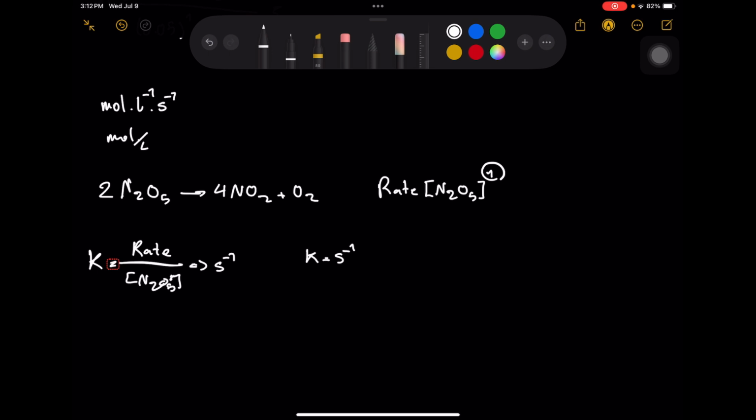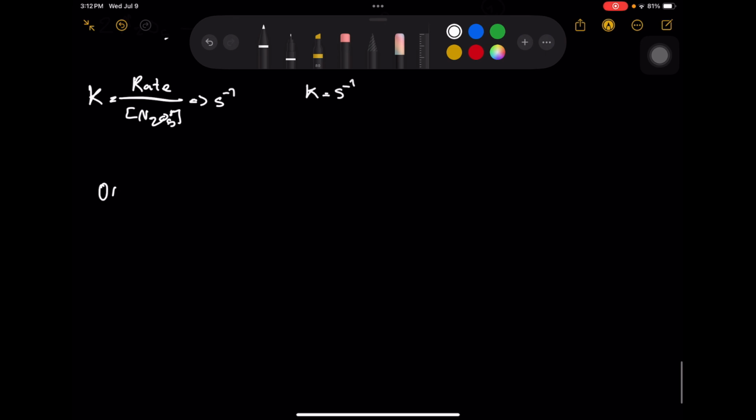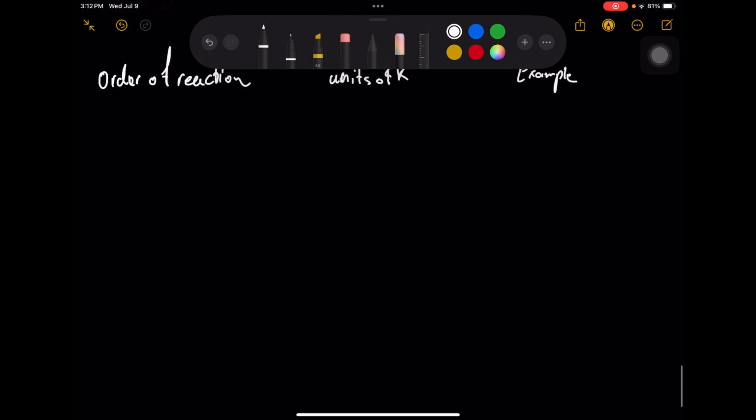And if I want to give you a summary for it, for the order of reaction, units of k, and example of the rate law. So for 0, 1, 2, 3.